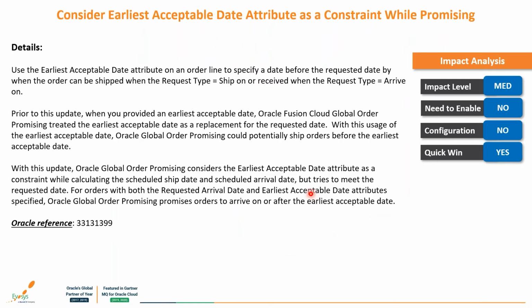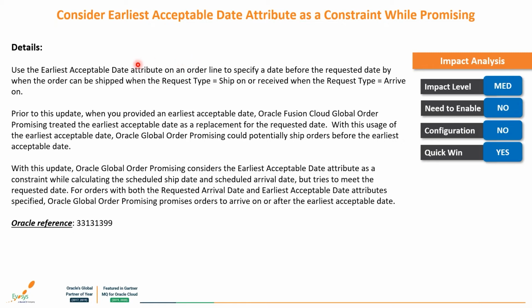The next one in the list is consider earliest acceptable date attribute as a constraint while promising. So before 22A, what had happened is this field of the earliest acceptable date was already present, but Oracle order management was counting it as a requested date, and it does not actually take into consideration when exactly the shipment is supposed to be received.